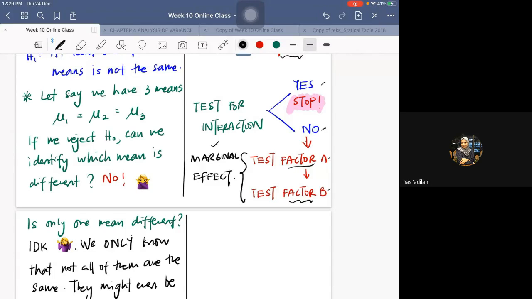For example, if the question said to test for marginal effect of this analysis, it means that you have to test for factor A and factor B individually. So you don't test for the interaction, right? So whether you have to do 1 or 3 is going to depend on the conclusion that you get from the test of interaction.